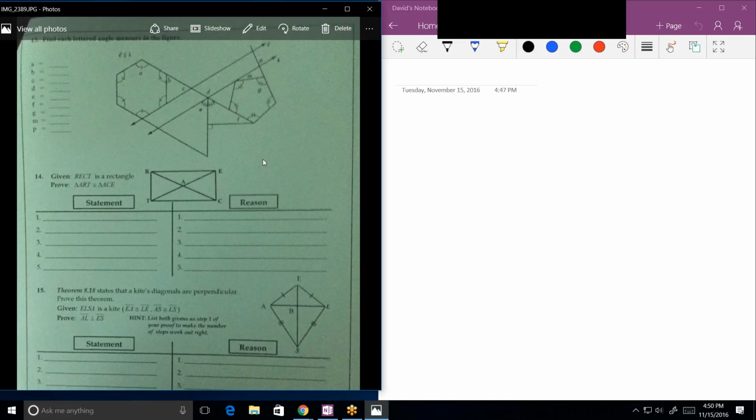Where does it say that a rectangle's diagonals bisect each other? Well, if they bisect one another, and they're equal because it's a rectangle, then we know AT is equal to AE, and RA is equal to AC.